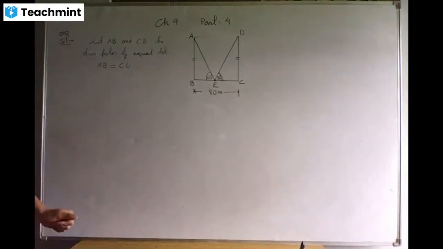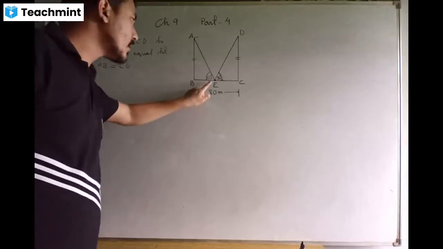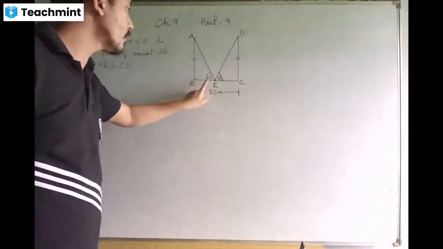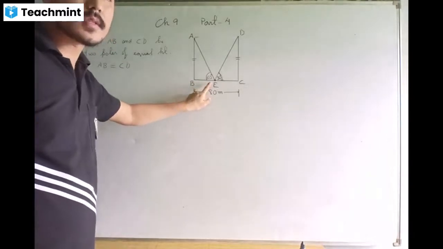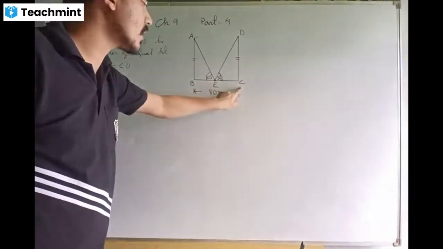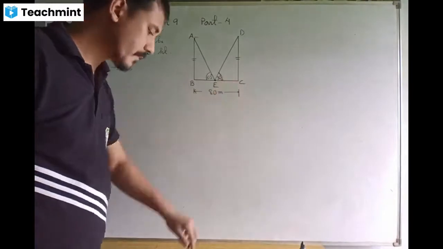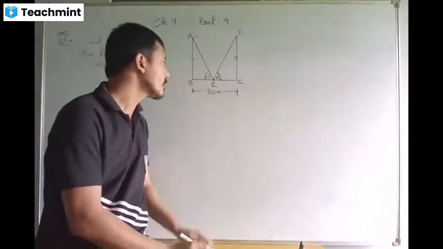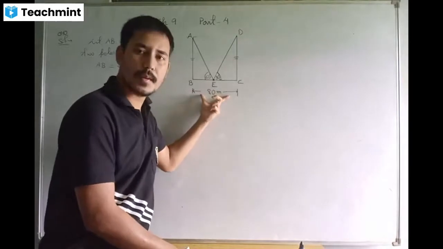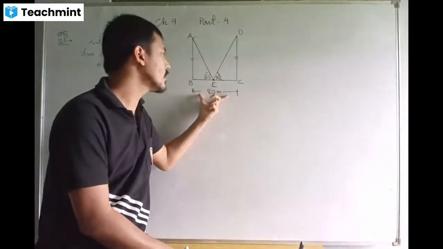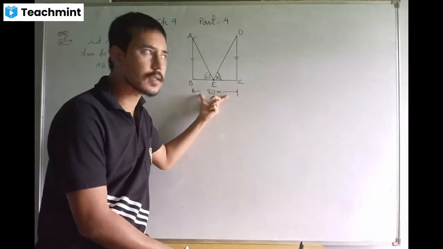Next part. You want to find out the distance of this point from the first pole, that is BE, and also the distance of this point from the second pole, that is CE. Now see, since BC is given to be 80 meters, the total length BC is 80 meters.